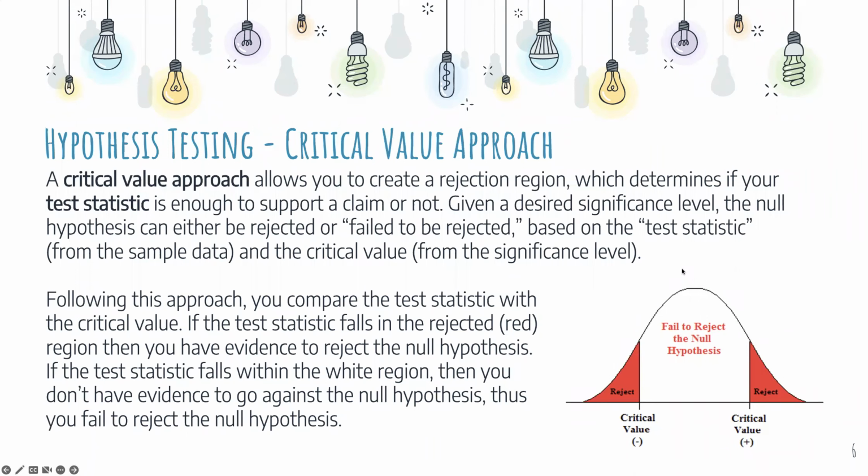Remember the normal distribution is symmetric, so the area underneath the curve for both tails is the same. So this red shaded region is the same as this red shaded region. So the critical value should be the same, but positive and negative, right? Because I'm centered here at 0.